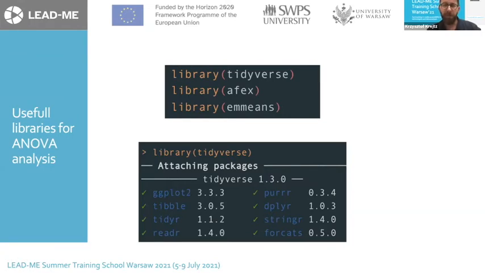That's why I share with you how to use afex as well. Emmeans is another library which is super useful to run post hoc tests after obtaining ANOVA results. Emmeans stands for estimated means.